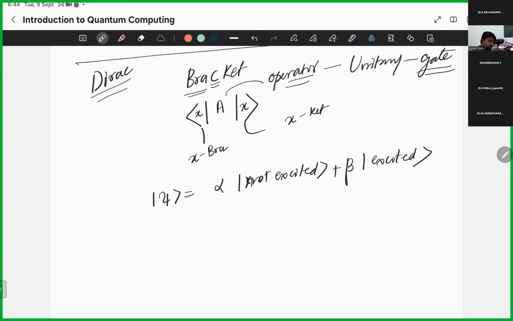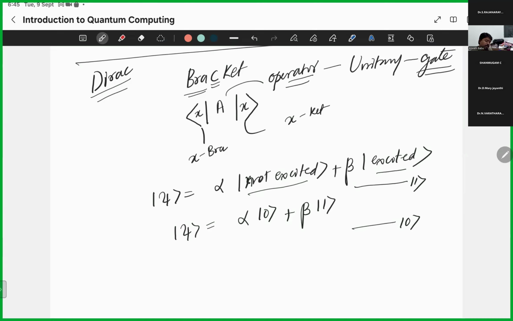So instead of writing not excited and excited, as there are only two opposite cases, I will say 0 is not excited, 1 is excited; 0 stands for the ground state, 1 stands for the excited state, in ket notation. Now alpha and beta tell me: alpha absolute square is the probability the electron exists in the ground state, beta absolute square is the probability the electron exists in the excited state. That is a superposition for you.